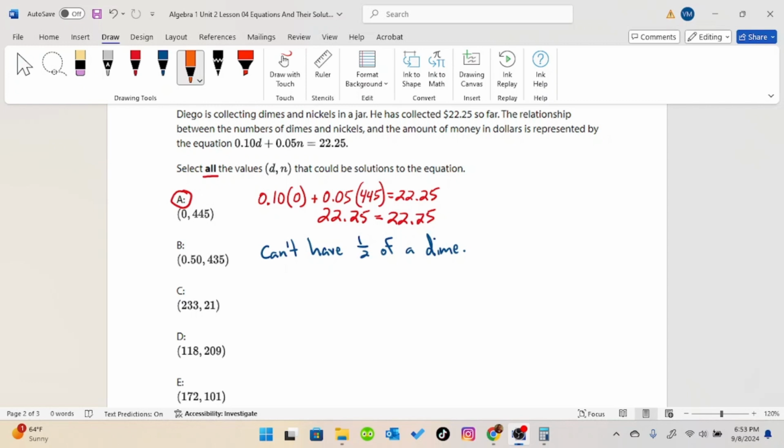Next, choice C, we have 233 dimes and 21 nickels.